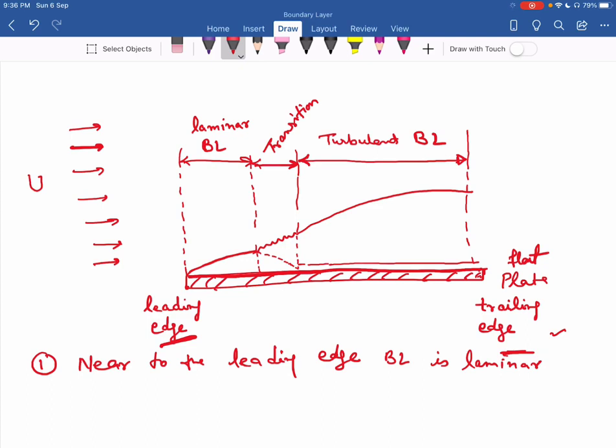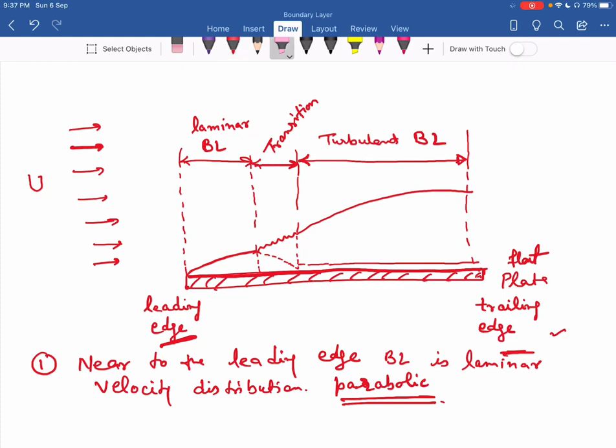The velocity distribution within that part is purely parabolic in nature. So this is the first part of the boundary layer. The flow is laminar and the velocity distribution is parabolic.